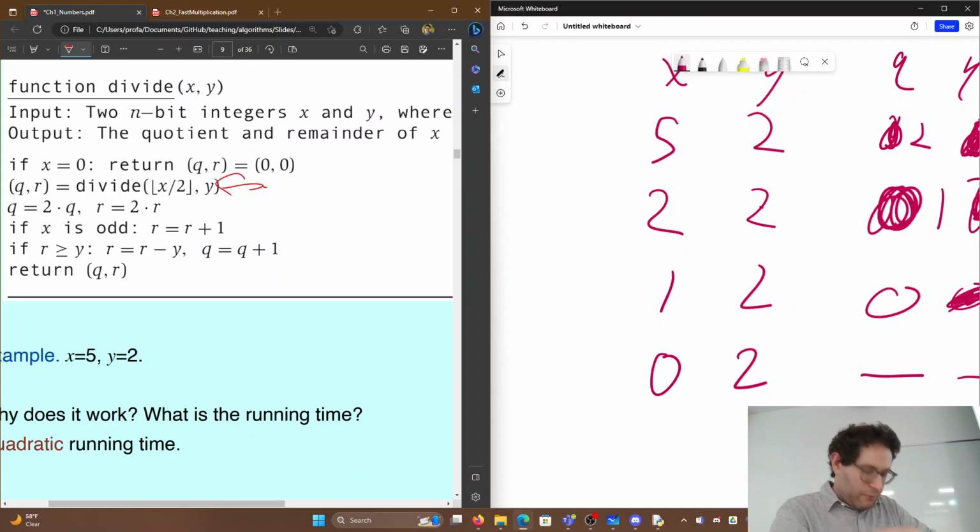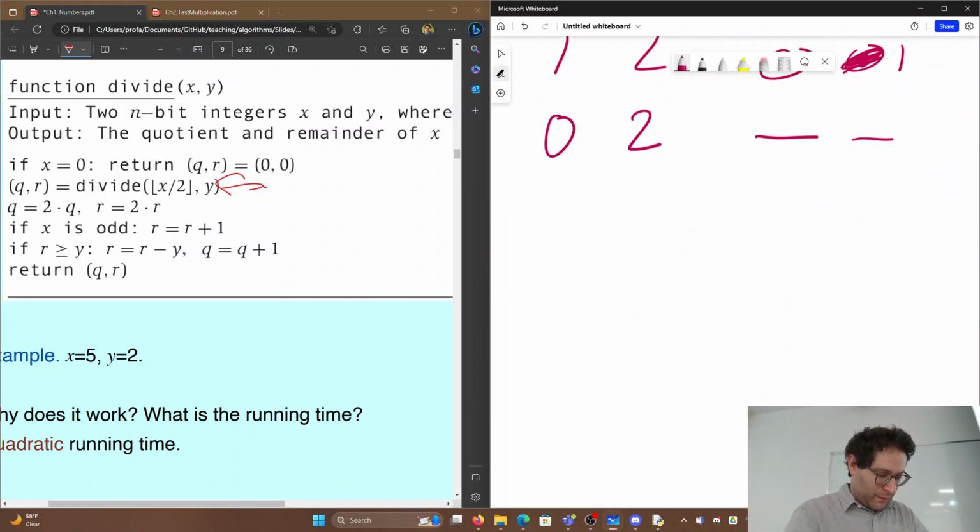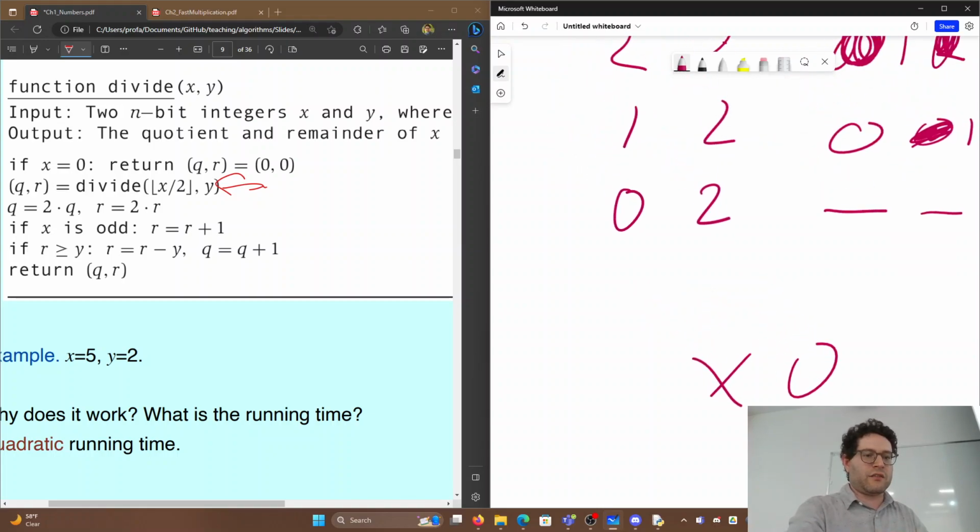But we can prove that it's true by induction, where the base case is X equal to 0, right? The number we're dividing by is equal to 0. That's the easiest thing to prove. And then in terms of analyzing the runtime, we're doing the divisions by 2, which is a bit shift to the right, and we're multiplying by 2, which is a bit shift to the left, right?